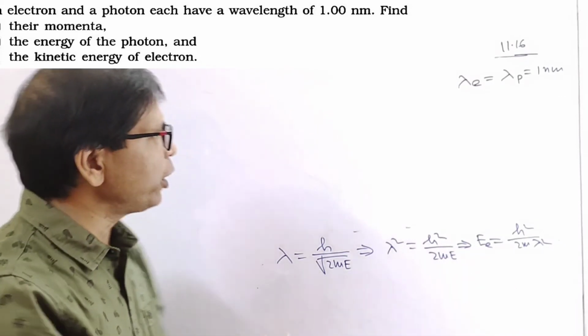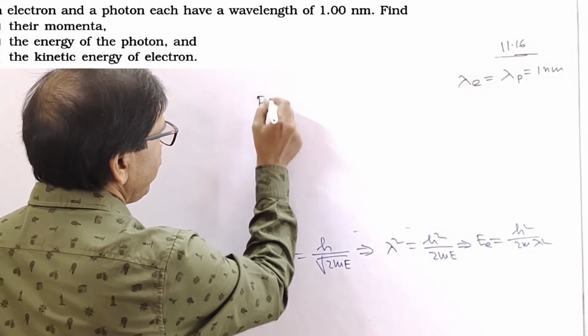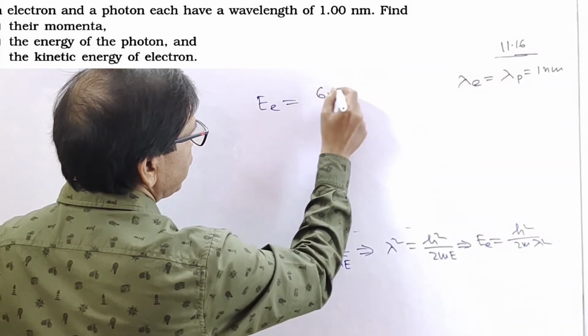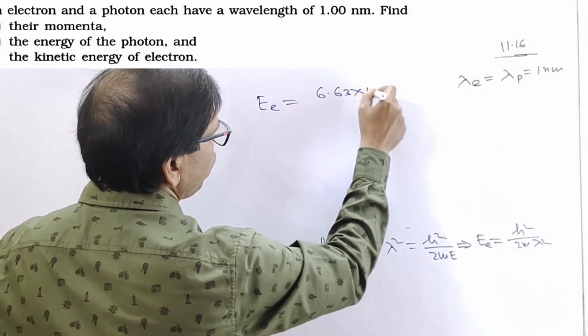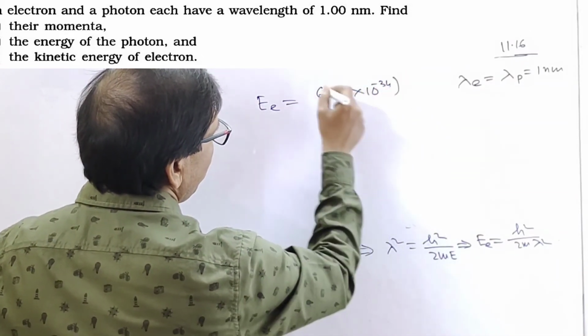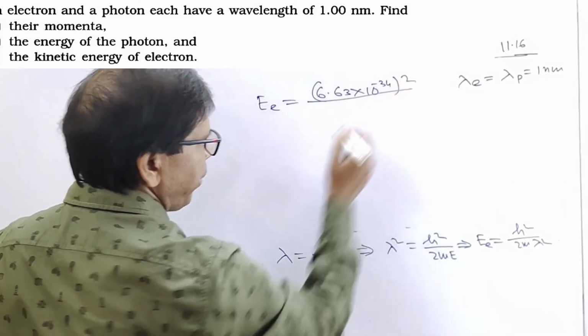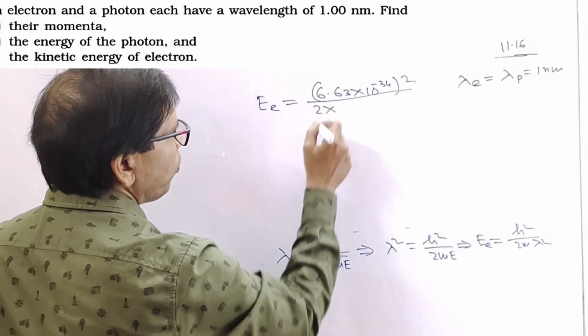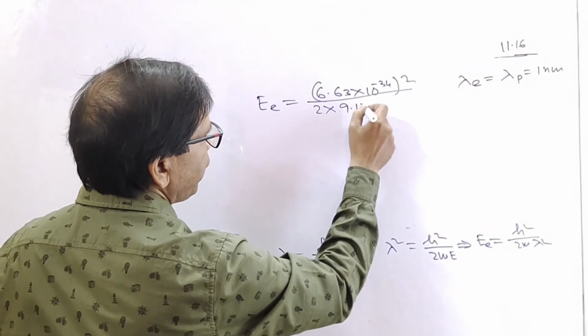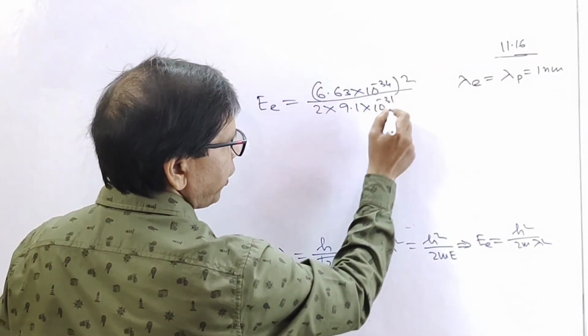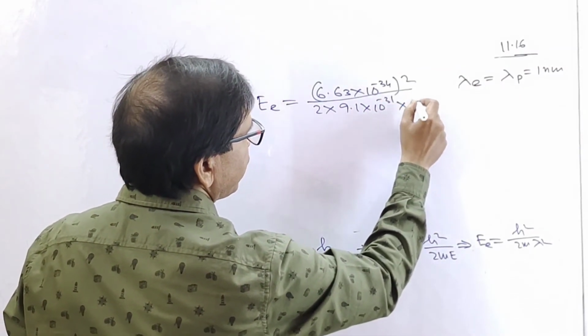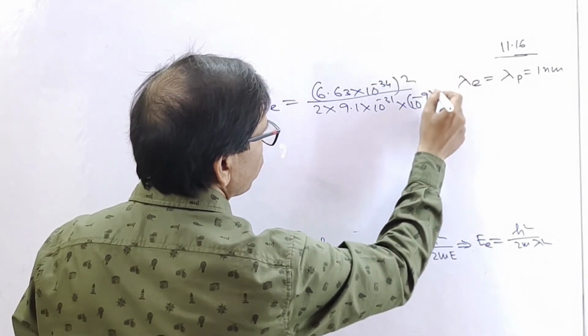Therefore E equals 6.63 into 10 to the power minus 34 whole square divided by 2 into mass 9.1 into 10 to the power minus 31, and lambda, 10 to the power minus 9 whole square.